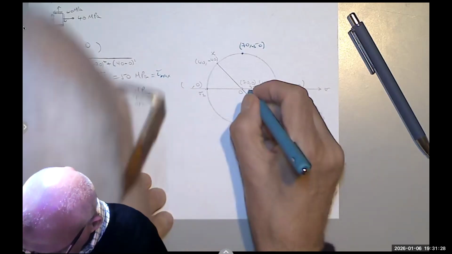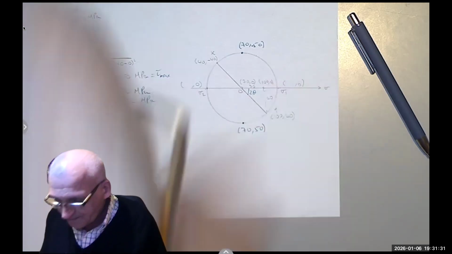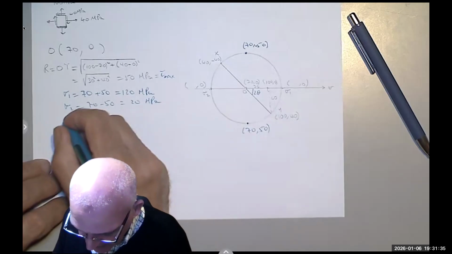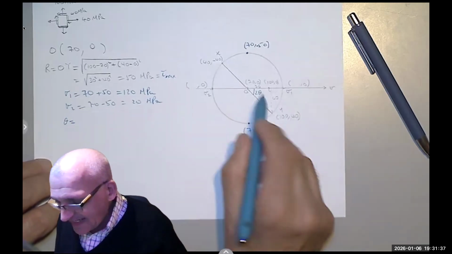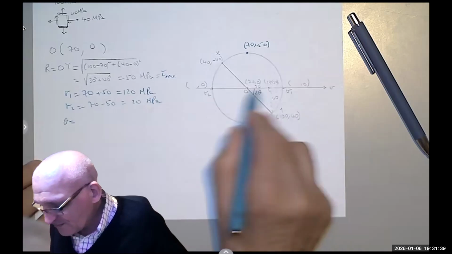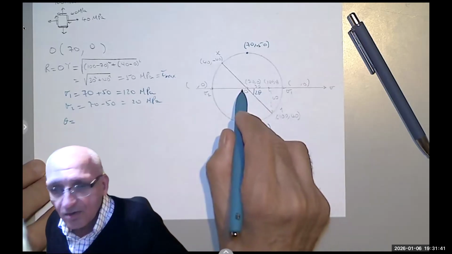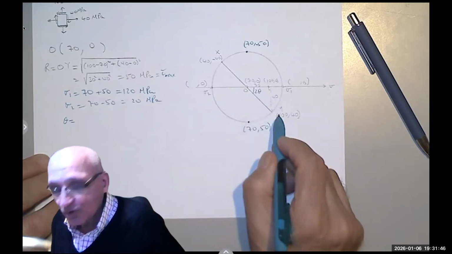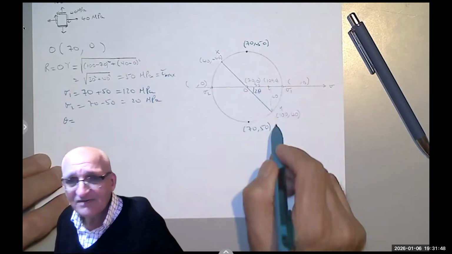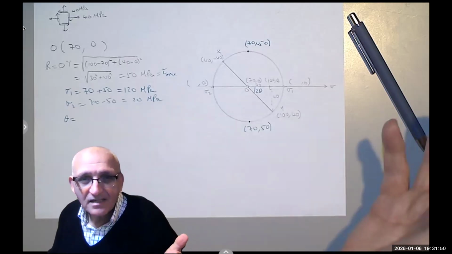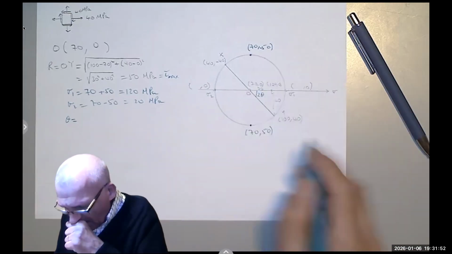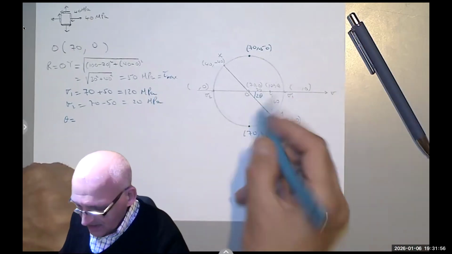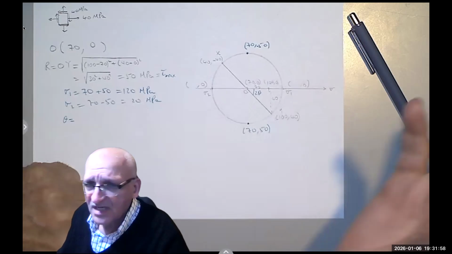So if I call this angle 2 theta, I can calculate theta: tangent of 2 theta is 4 over 3, or sine 2 theta is 4 over 5, or cosine 2 theta is 3 over 5. It doesn't matter. You don't have to use tan, but because they were given to me from the beginning, I use them. Since you calculated the radius, you can use sine, cosine, or tan.